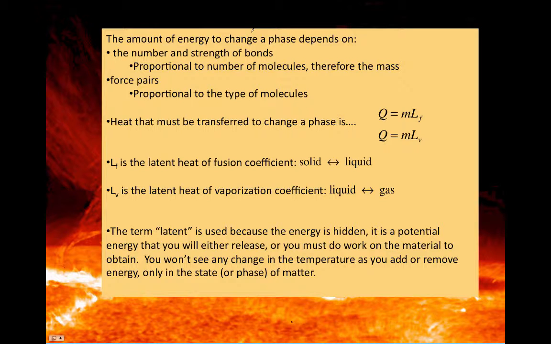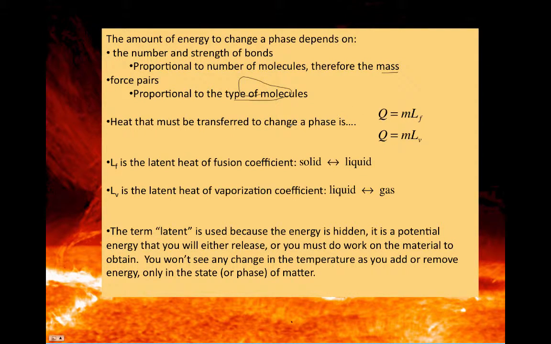This amount of energy going into or out of the system depends on the number and strength of the bonds, which means the number of molecules, which means basically the mass. And the force pairs, which is proportional to the type of molecules. So again, it's going to depend on the material.